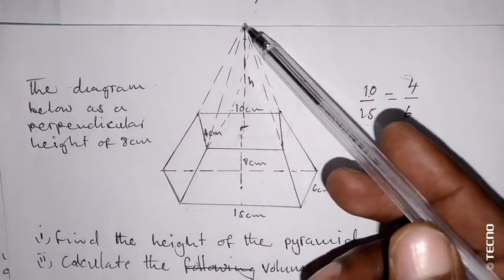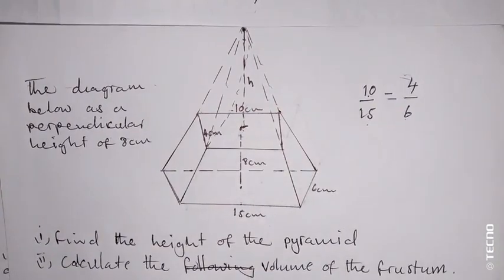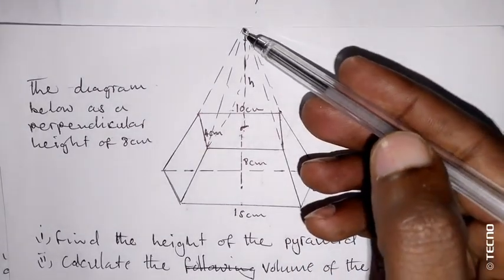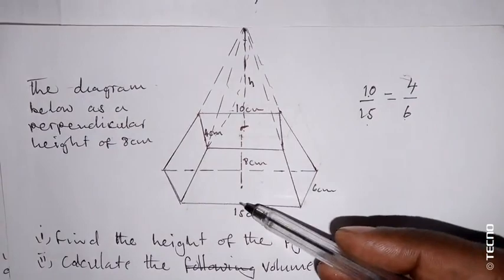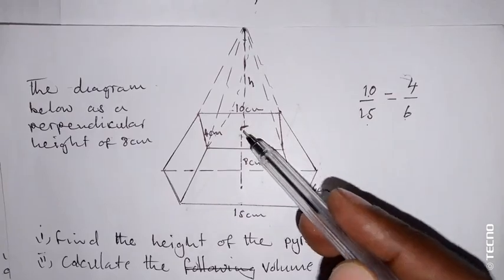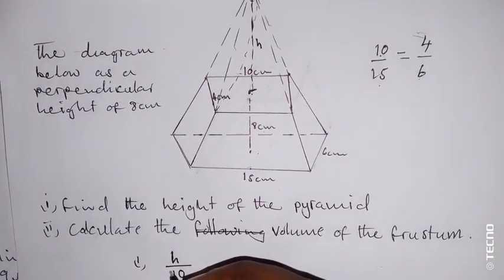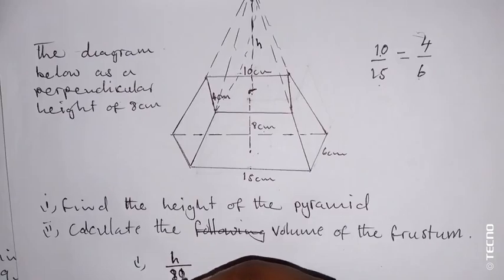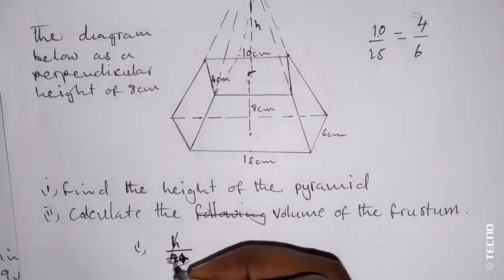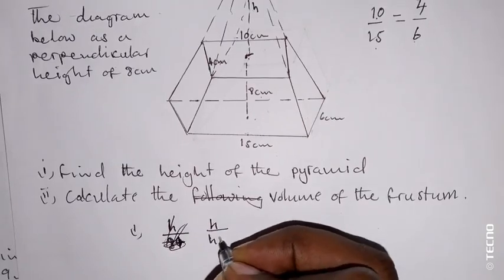From here up to there, it's H, so we write H. Then from here again up to this side, we add this H plus this length from here up to there, which is 8 centimeters. So it's H plus 8.